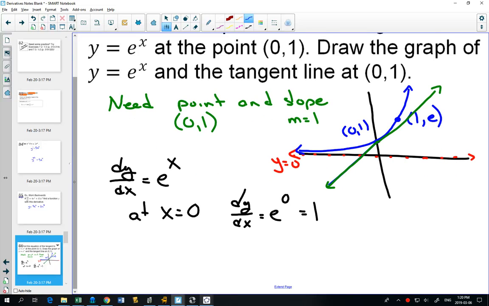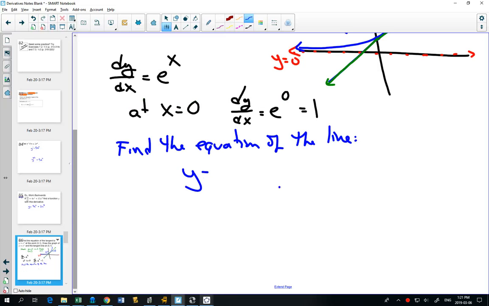Now to find the equation of the line, in this particular case, I would use y equals mx plus b because I know my y-intercept. My y-intercept is 1. I know my slope is 1.